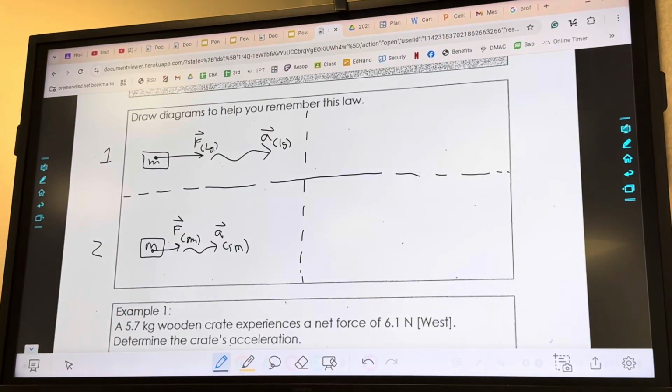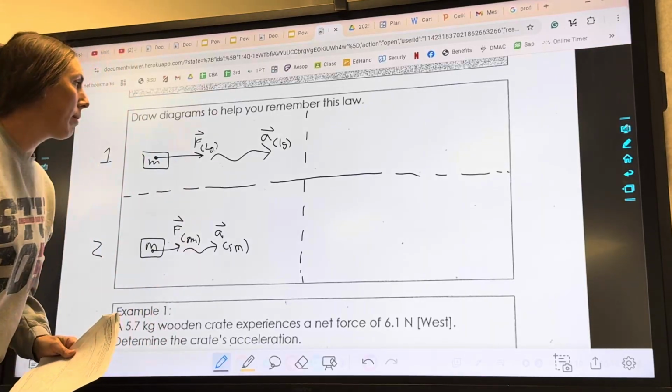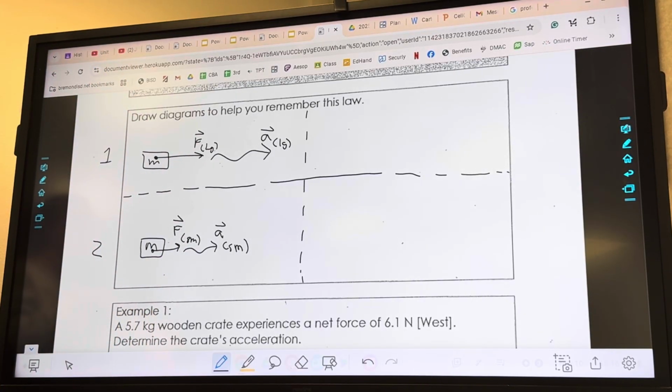So draw that, and then we're going to write the proportionalities. Okay, so if I have two objects and I push one with a large force, it's going to get a large acceleration because force and acceleration are proportional.